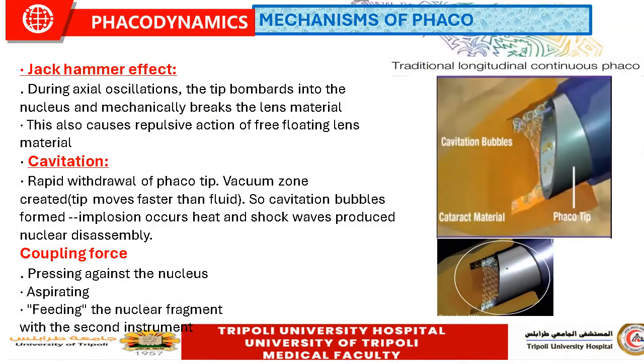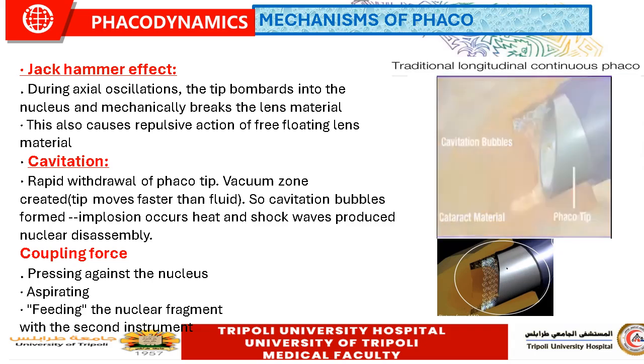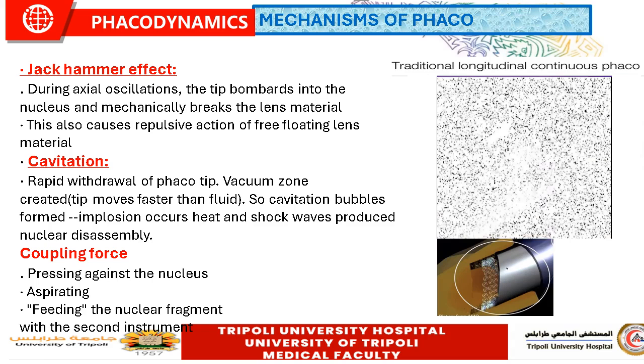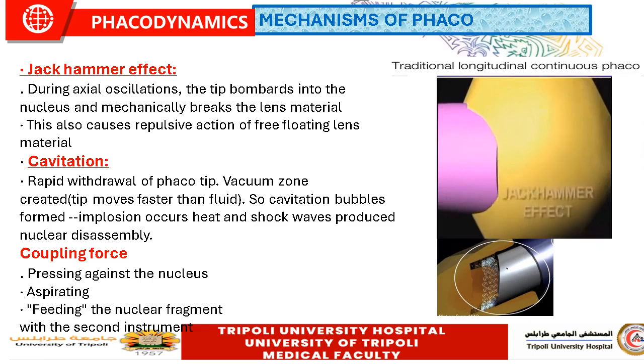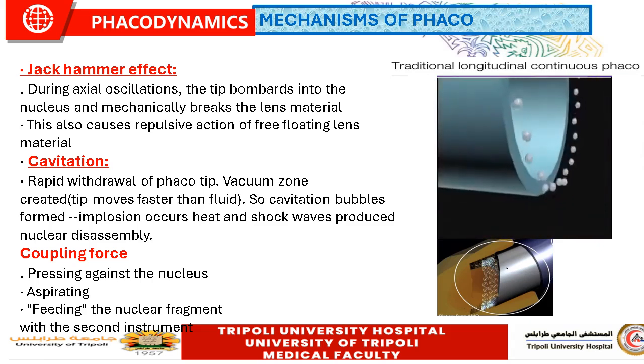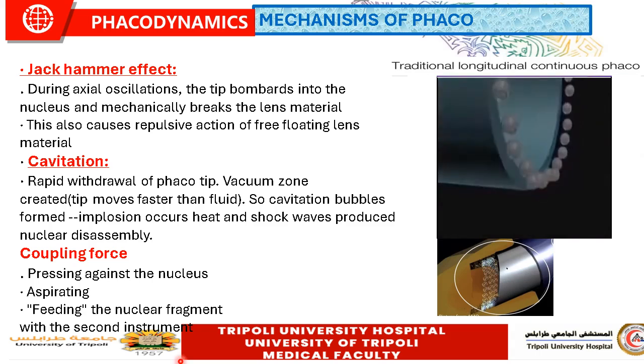Now, when we come to the exact mechanism by which the phaco machine emulsifies or destroys the lens fragment, many studies and much research were done to identify the main cause of the fragmentation or emulsification of the lens nucleus, and they came up with different postulations.